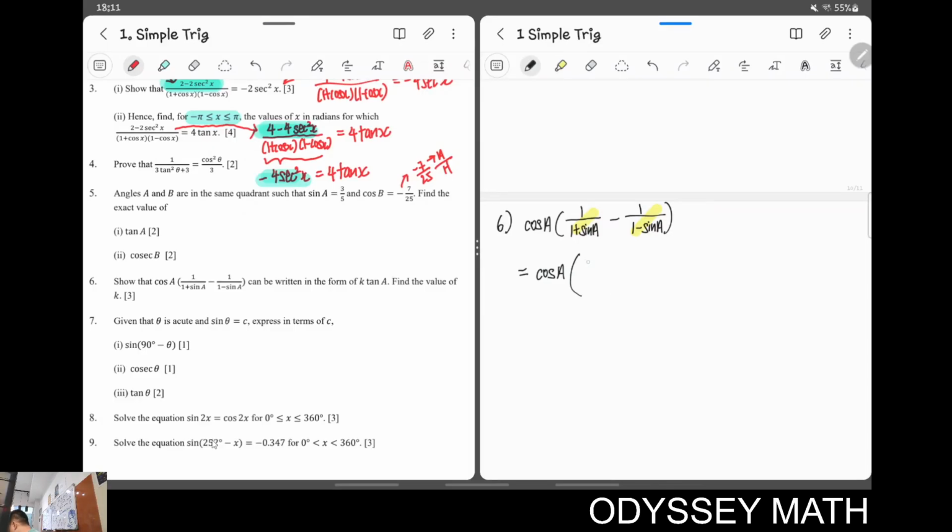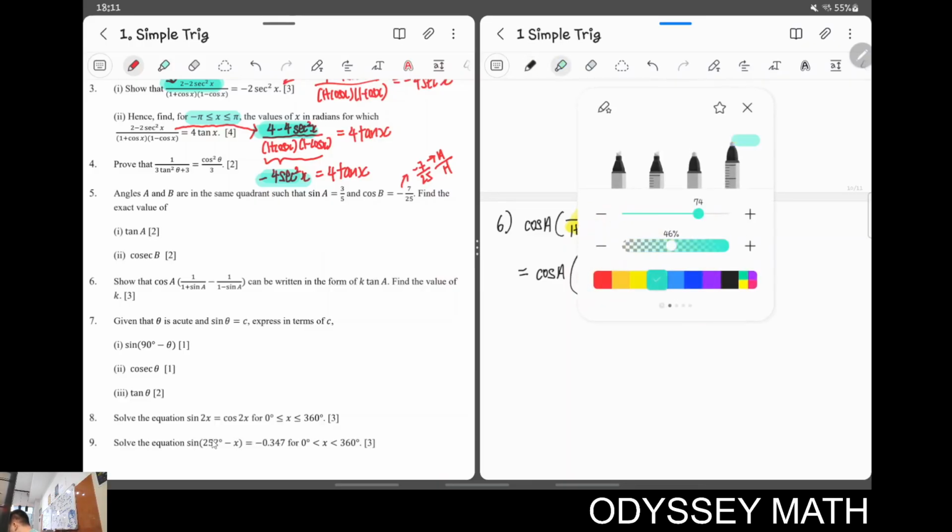So I will multiply. Okay, let me highlight differently. So this fraction here, I'll multiply the top and bottom by 1 minus sine A. So that is the fraction in yellow.